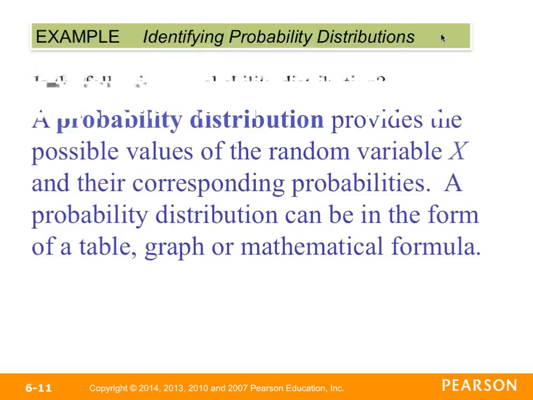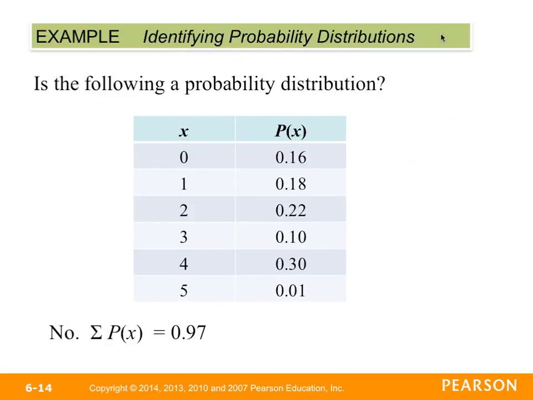If we look at this one, all of our probabilities are between 0 and 1, so that's good. But if you take a calculator and add up the 0.16, 0.18, 0.22, 0.10, 0.3, and 0.01, you actually get 0.97. So this one is not a probability distribution because the sum is not equal to 1. You have to keep in mind the sum always has to equal 1.